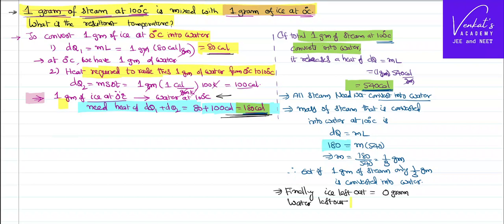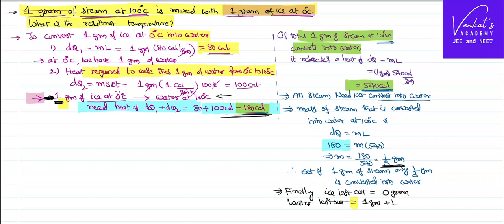Yeah. Water left out is the 1 gram of water here, right? And this 1/3 of the gram, have you seen this? 1/3 of the steam is converted into water.